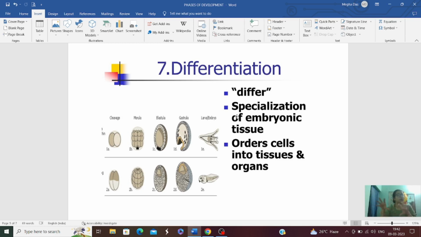Some cells will form the morphogenetic part, that is known as morphogenetic differentiation. That is, they are destined to form the morphology, that is size and shape of the organ or the embryo. Second, some cells will perform the physiological role, that is digestion, excretion, reproduction, etc. That is known as physiological differentiation.